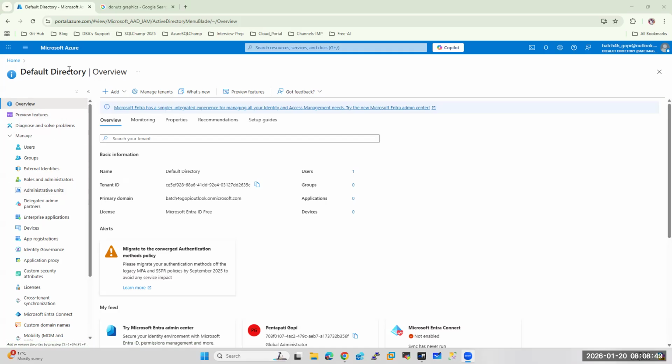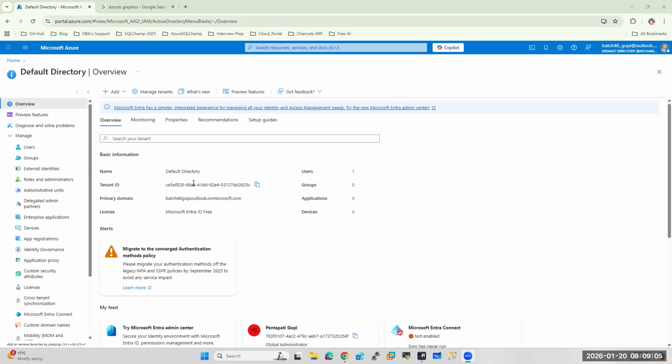Okay. Now for every authentication, it is going to create a tenant ID. This is your default tenant ID, and this is your Active Directory.